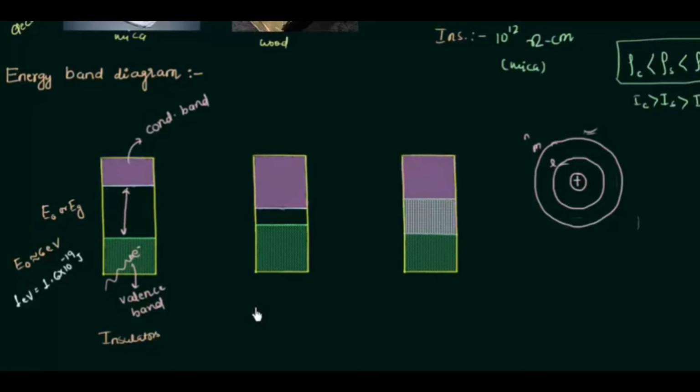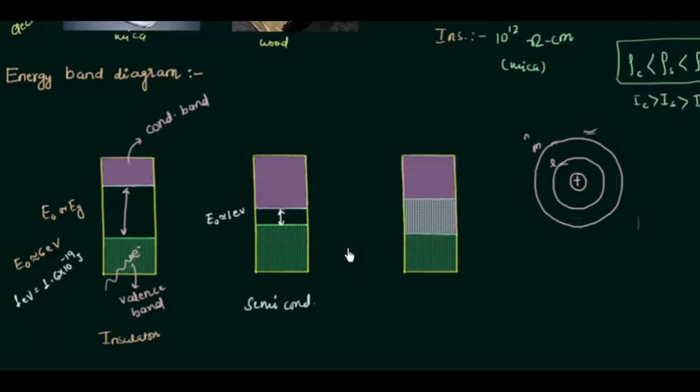And if I talk about the semiconductors, definitely this band is going to be much narrower, and you can see here we have a reduced forbidden band gap, and it is nearly equal to 1 electron volt in case of semiconductors.